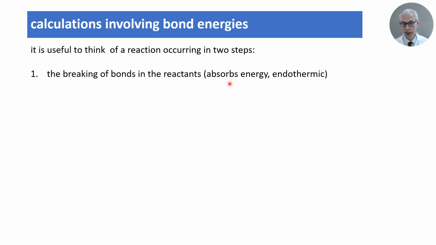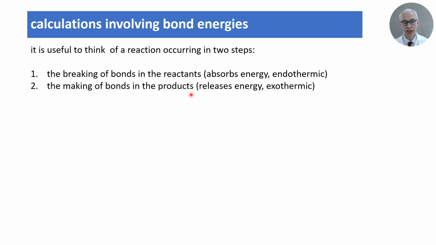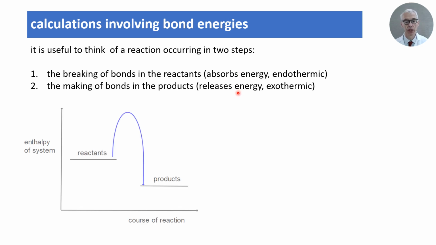This absorbs energy, it is endothermic. And the second step is the making of bonds in the products. This releases energy, it is an exothermic process. So two different processes: breaking of bonds in the reactants absorbs energy, making of bonds in the products releases energy.